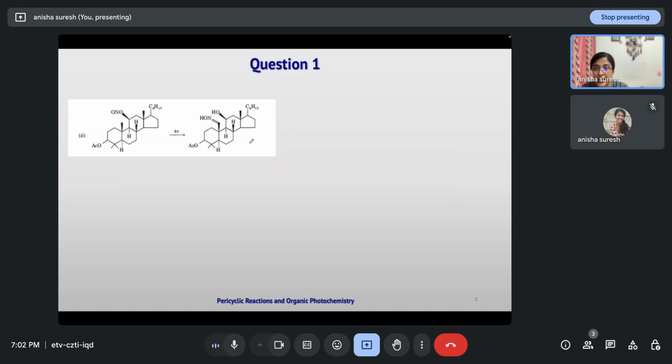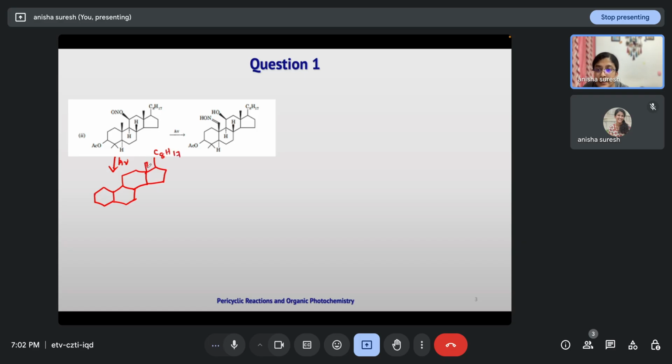So we will draw the mechanism. As you can see here, under photochemical condition, if you are not able to follow, please feel free to stop. C8H17.